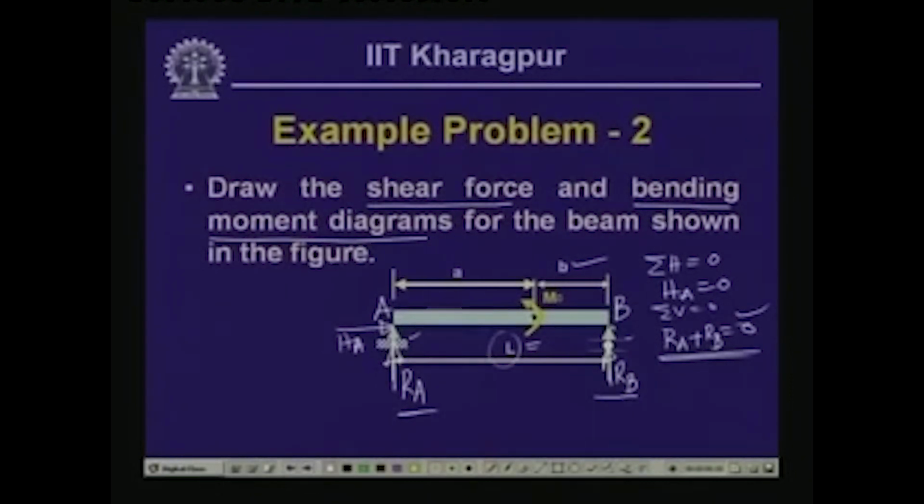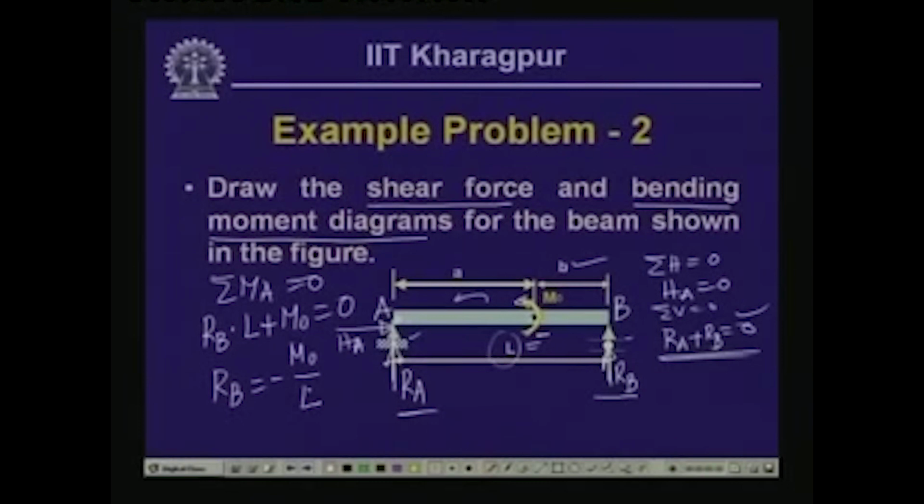Now, if we take the moment of all the forces with respect to A, and if we say that moment with respect to A is equal to 0, then we have Rb into L, which is in an anticlockwise form. Also, we have the concentrated moment which is acting in an anticlockwise manner. So, this plus M0 is equal to 0. So, the value of the reactive force Rb is equal to minus M0 by L.